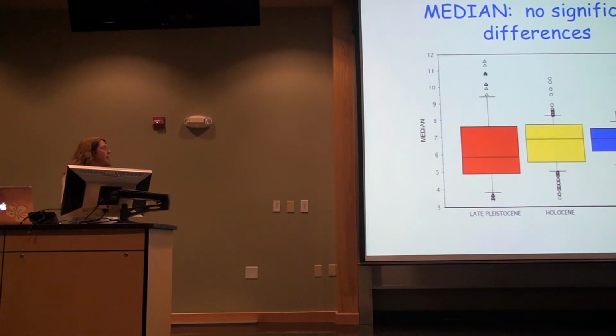Okay, so the way that I'm going to be looking at local body size distributions is by comparing the moments of the distribution: the median, the skew, and the kurtosis. What I'm showing you here is a comparison of the median body sizes for all these communities for the late Pleistocene in red, the Holocene in yellow, and the modern, just North American communities in this case, in blue.